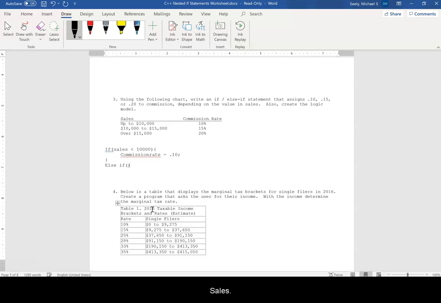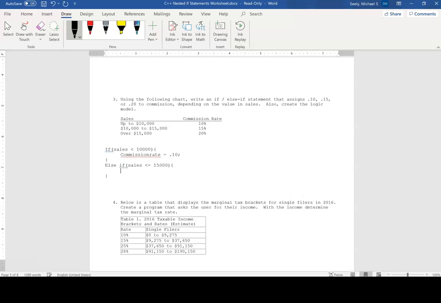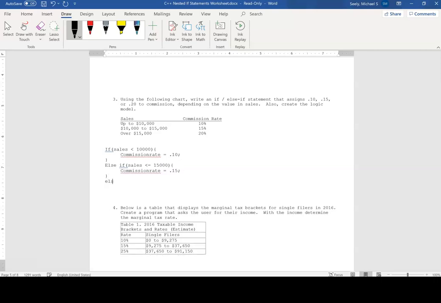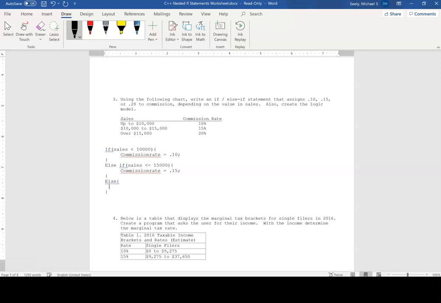Else if sales are less than or equal to 15,000. It's got to be lowercase. Okay.